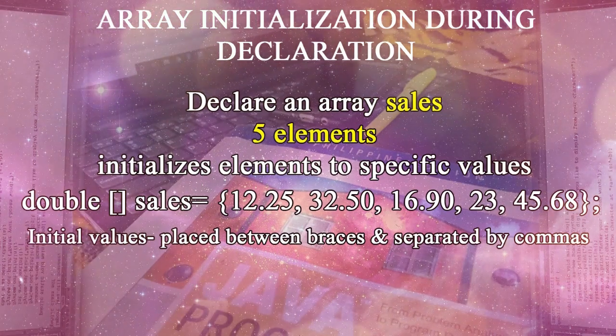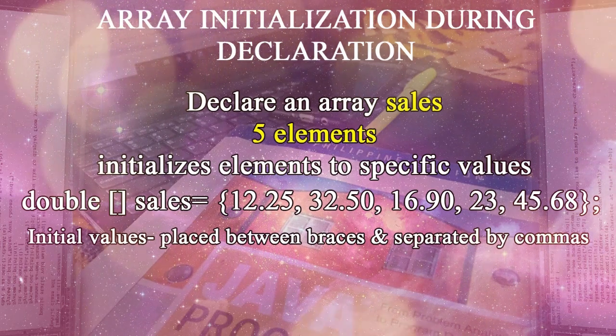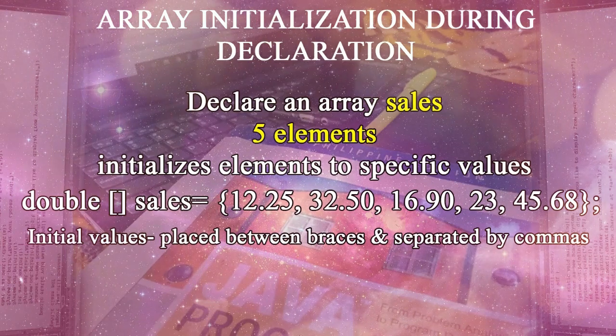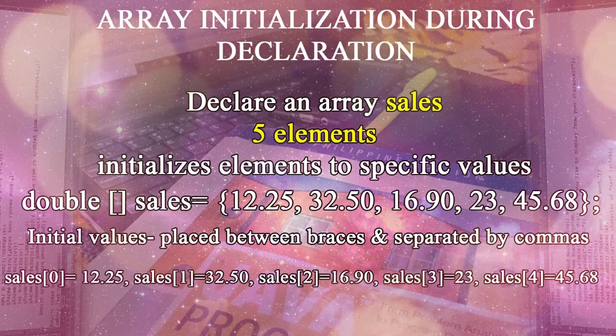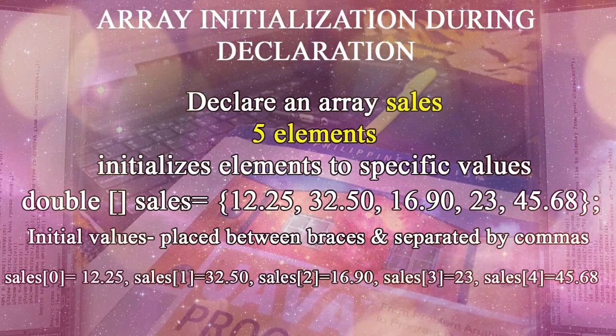Now, let us consider the following. The initializer list contains values called initial values that are placed between braces and separated by commas. These values are 12.25, 32.50, 16.90, 23, and 45.68.